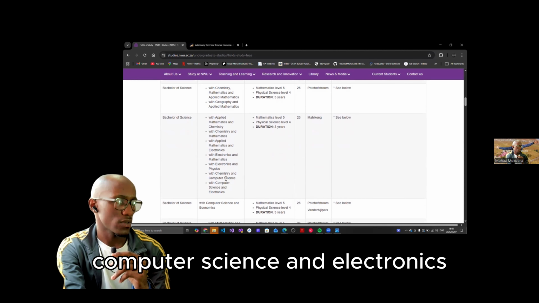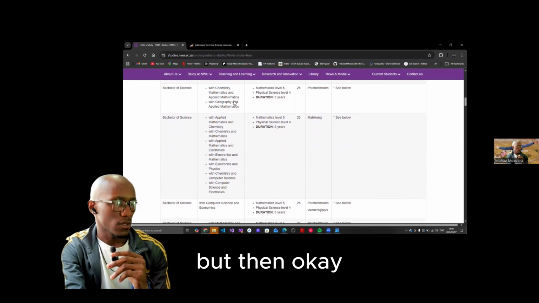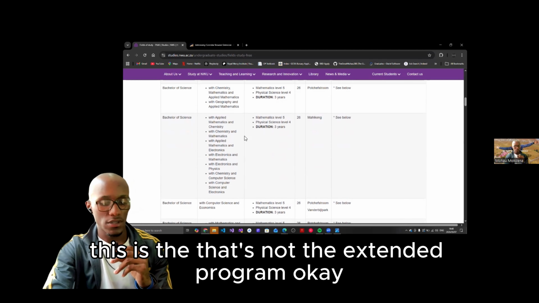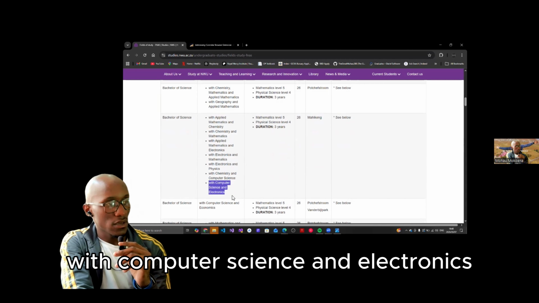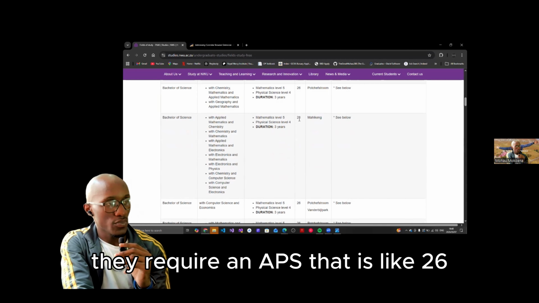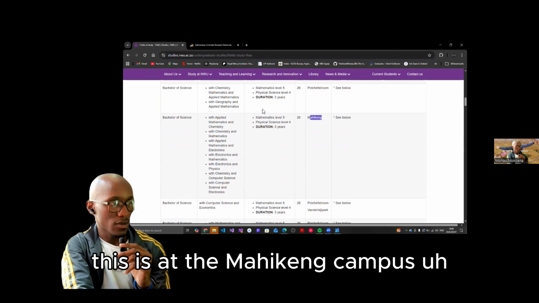Computer science and electronics. But this is not the extended program. Okay, so for Bachelor of Science with computer science and electronics, they require an APS that is like 26. This is at the Mahikeng campus.